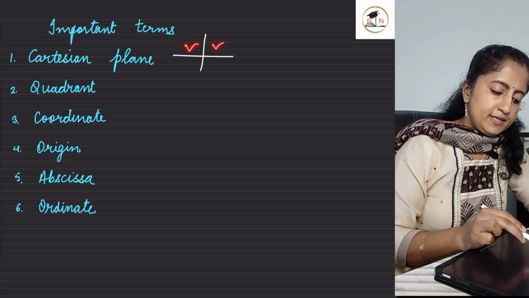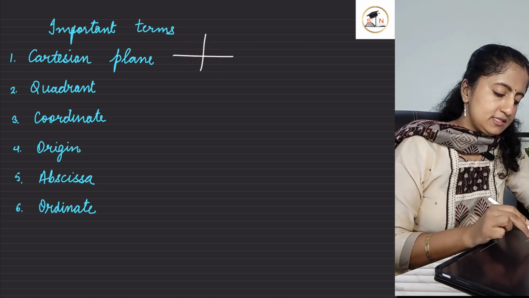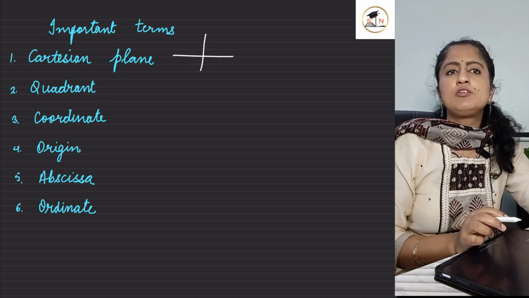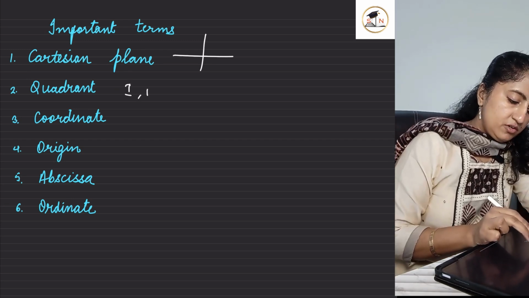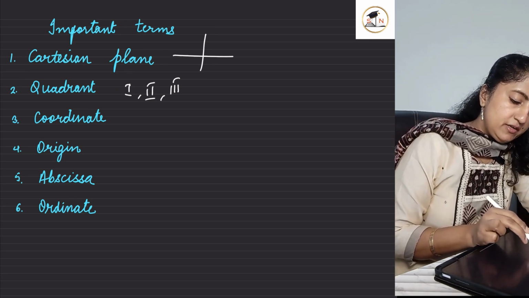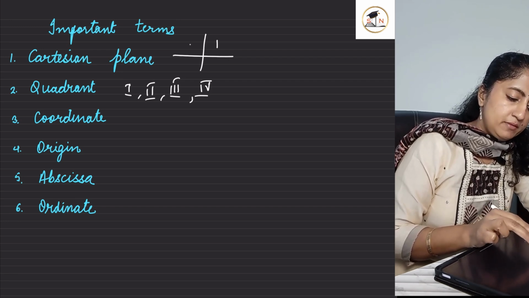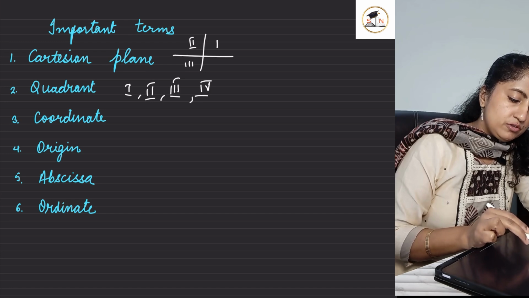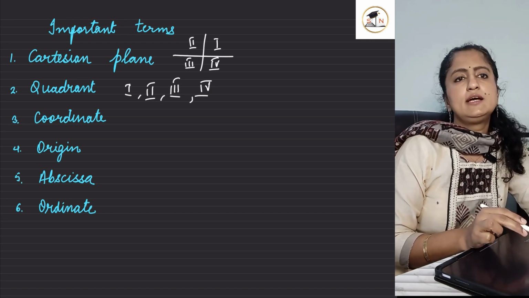The four partitions the Cartesian plane had made are called quadrants. So there are always 4 quadrants, 1, 2, 3, and 4. I'll just mark them over here as well. 1, 2, 3, and 4 in the anti-clockwise direction.